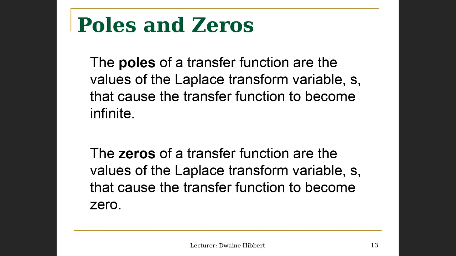Now, the zeros of a transfer function are the values of the Laplace transform variable s that cause the transfer function to become zero. Therefore, any value of s that, when you substitute it into the transfer function, makes it zero, we refer to as a zero of the system.